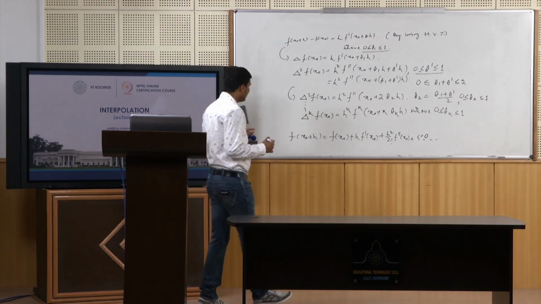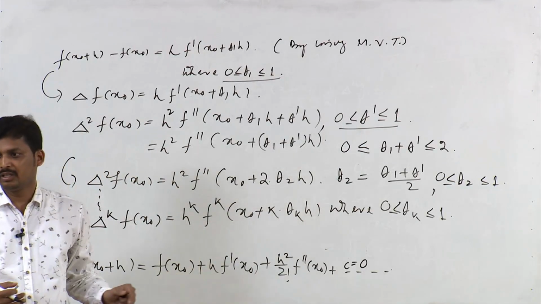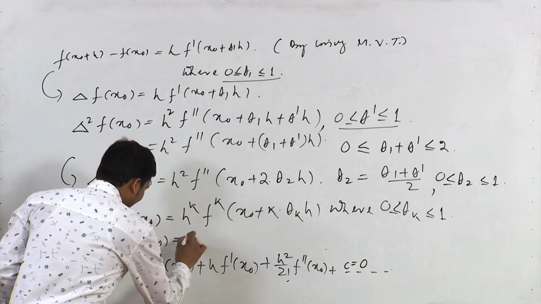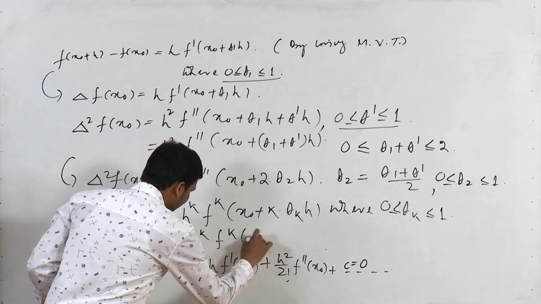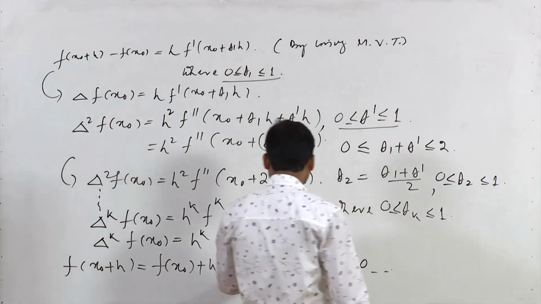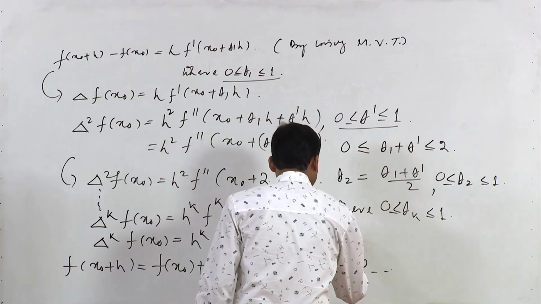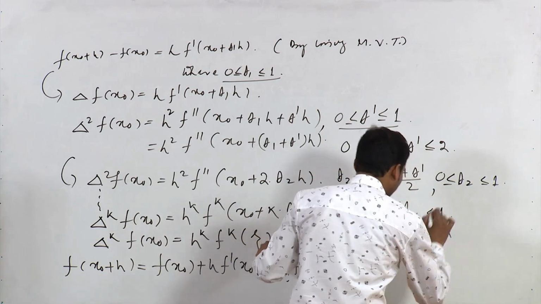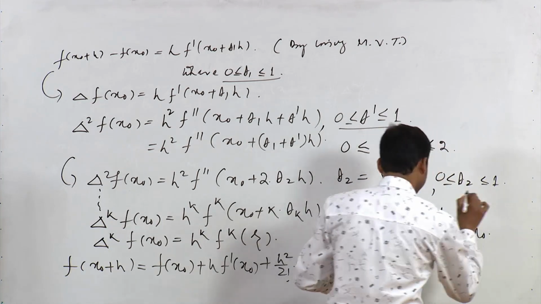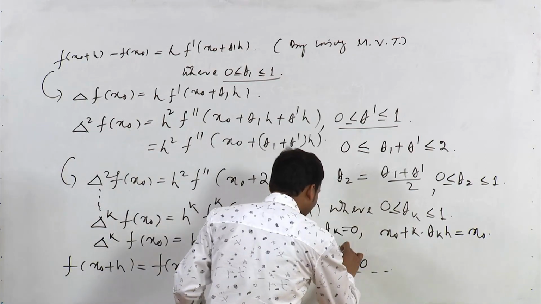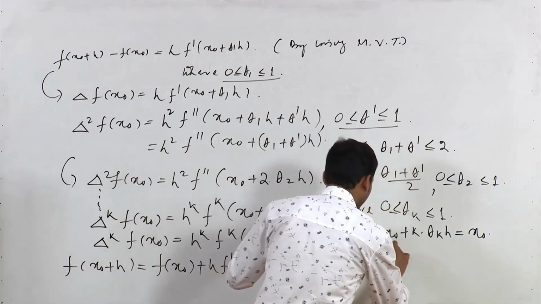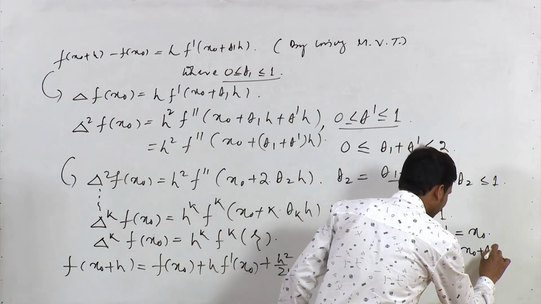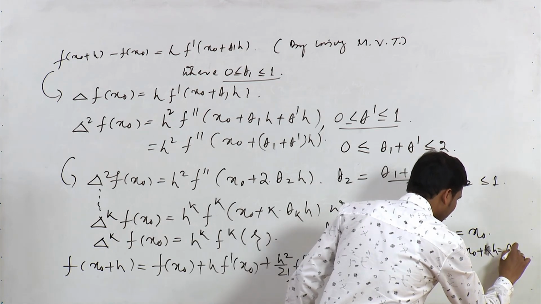So if we can determine this, then we can write it in a composite form, and if we write in this form, then we can write del to the power k f of x0 as h to the power k f to the power k of zeta here, and if we want to find the range of zeta here, then if we put theta k equals 0, suppose, then this value x0 plus k into theta k h will give you the value x0 here, and if we put theta k equals 1 here, then the value of x0 plus k into theta k h is nothing but x0 plus k h, that is nothing but xk here.